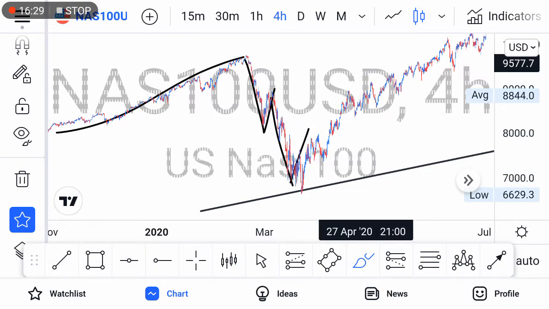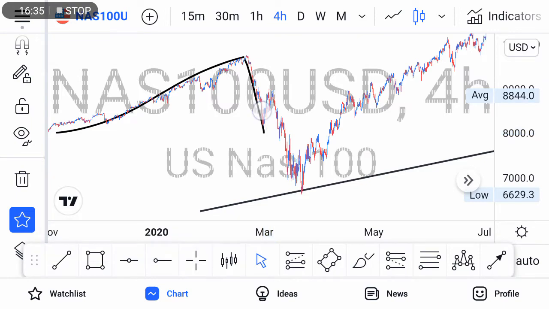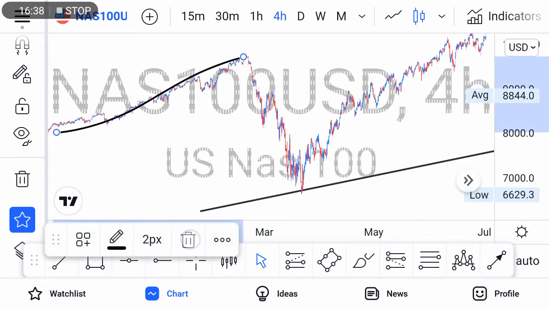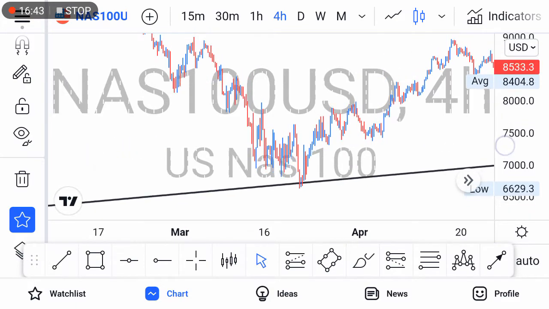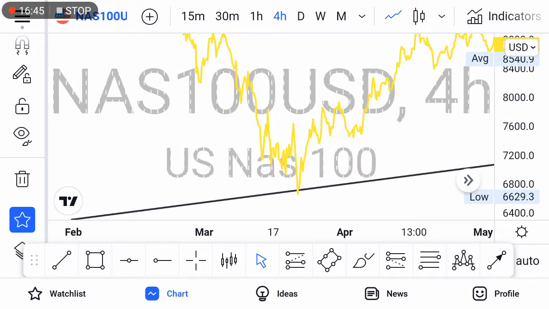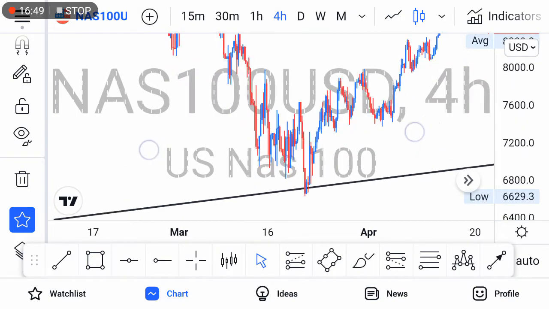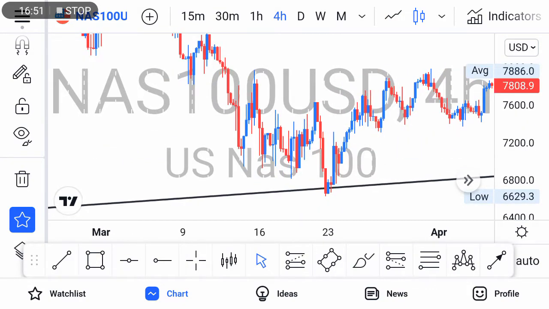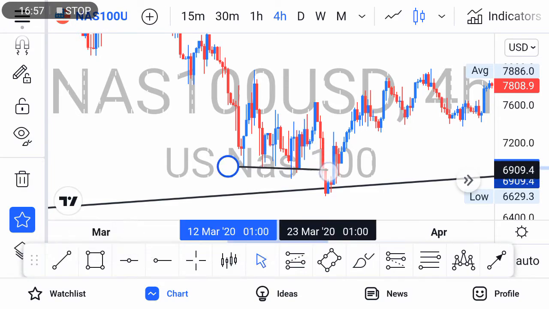Remember on daily, this pattern, I said the neckline was a decreasing neckline. But if you zoom in carefully and put our focus here, we can say this part here is our left shoulder.